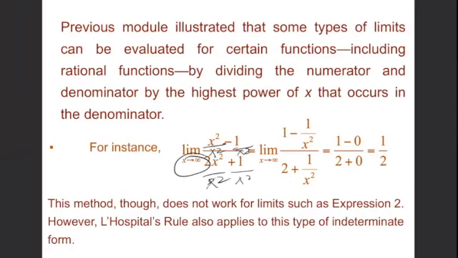So what will happen here? This will be 1 over x squared, 2, because 2x squared over x squared is 2, plus 1 over x squared. If you apply infinity to x, any number divided by infinity is 0. The same with this one. So we have a straightforward answer.